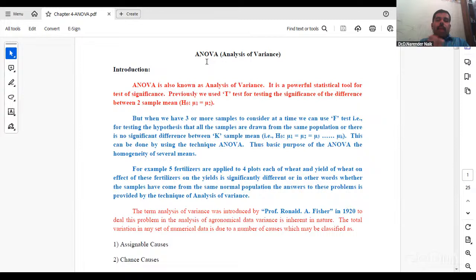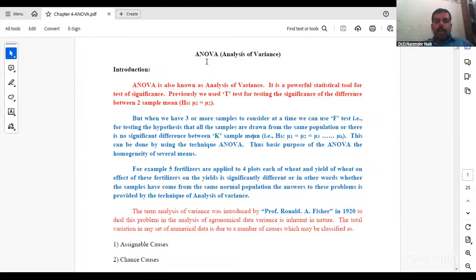But when we have three or more samples to consider at a time, we can use the F test. That is for testing the hypothesis that all the samples are drawn from the same population, or there is no significant difference between k sample means, that is H naught: mu1 equals mu2 equals mu3, and so on up to mu k. This can be done by using the technique ANOVA.